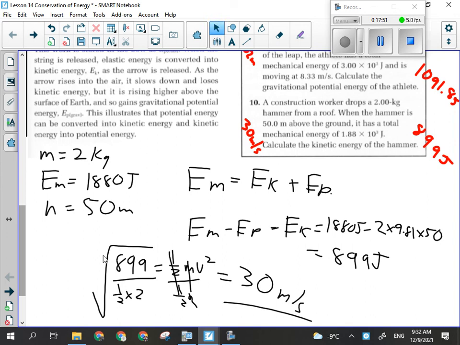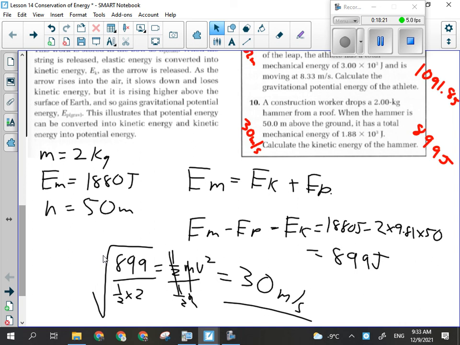What we're going to be talking about next is how the conservation of mechanical energy works. If this is how we calculate mechanical energy, and mechanical energy can't change, then the mechanical energy of an object is the same number all throughout its movement. So if I drop the hammer off of the building, when I'm holding it off the edge, it has a certain amount of mechanical energy, 1,880 joules, but it's all potential.